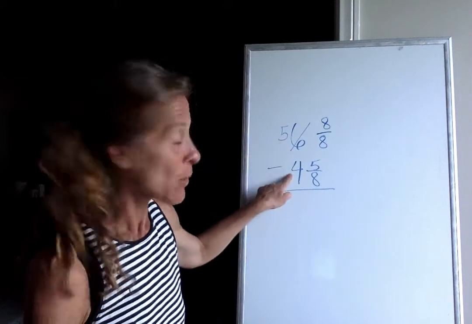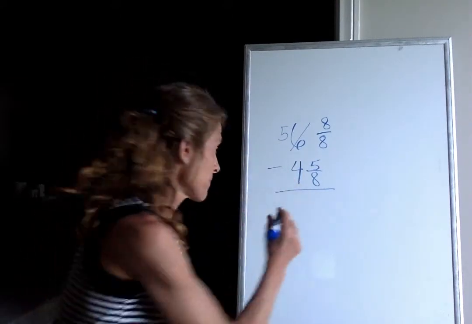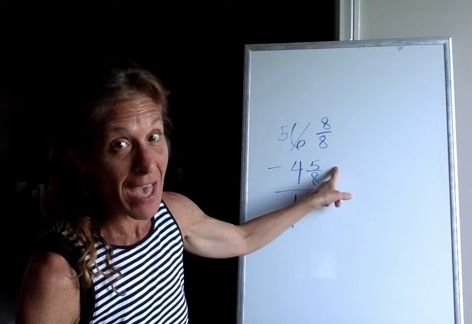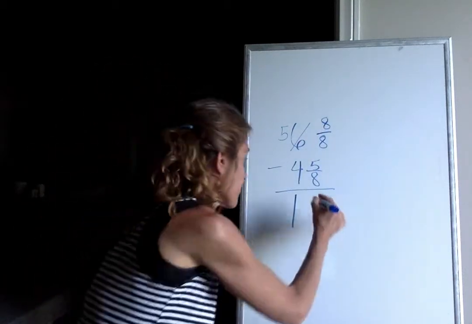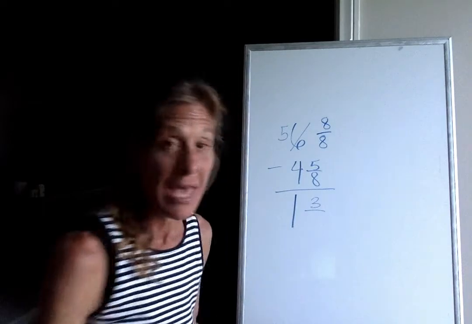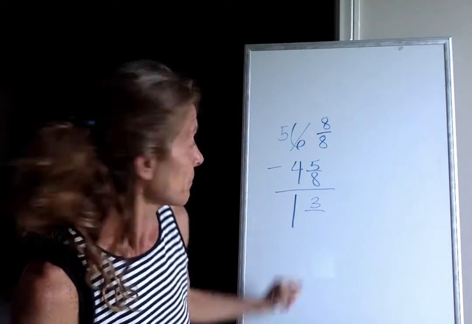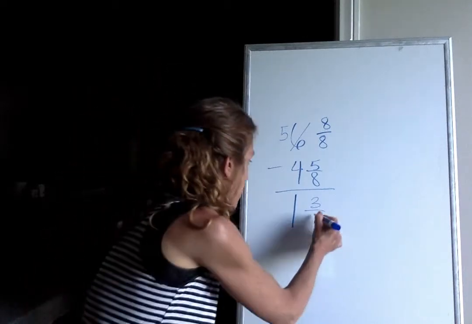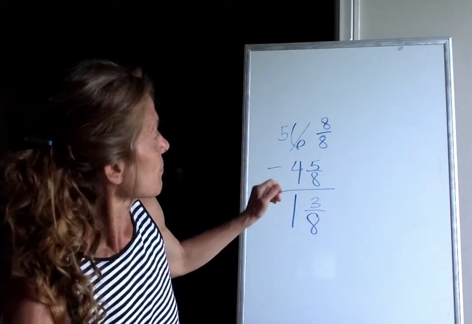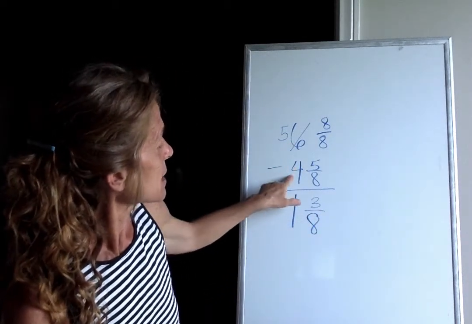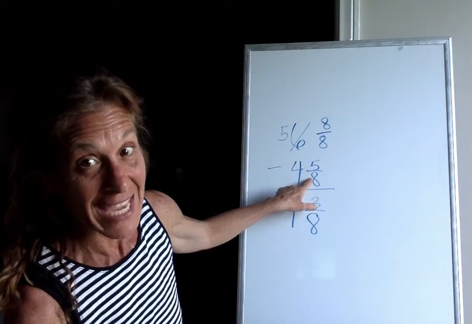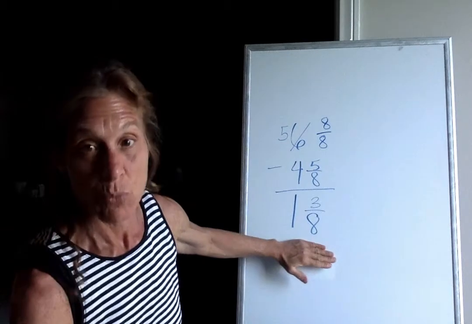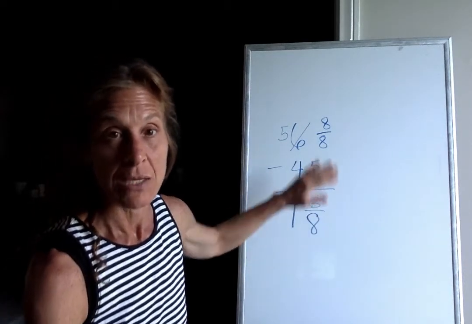So let's 5 take away 4. 1. What is 8 take away 5? 3. And what's my common denominator? 8, 8, 8. So, 6 minus 4 5/8 is 1 3/8 because we borrowed.